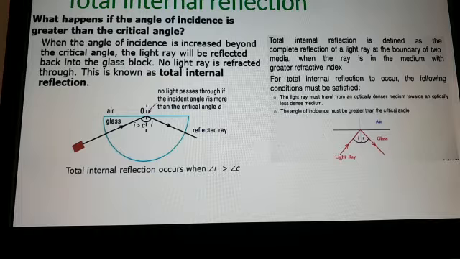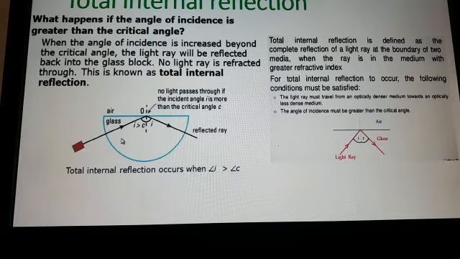For total internal reflection to occur, the light ray must travel from an optically denser medium towards an optically rarer medium, from glass to air. Glass is the denser medium, air is the rarer medium.